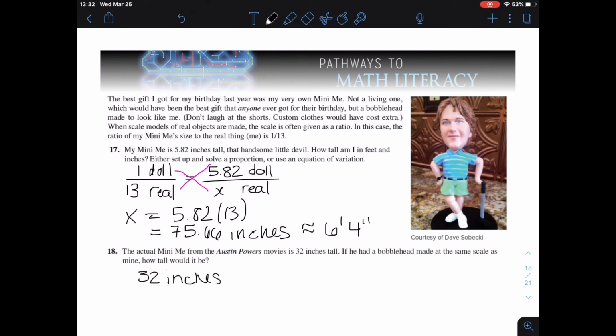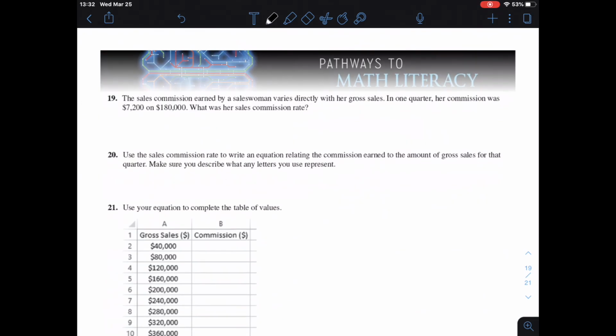We're scaling it down by a factor of 1/13, so I'm really just going to take this and divide by 13. That's going to be the height of the doll. So this is going to be about 2.46 inches. So the height of mini-me in bobblehead form would be about 2.46 inches. Okay.